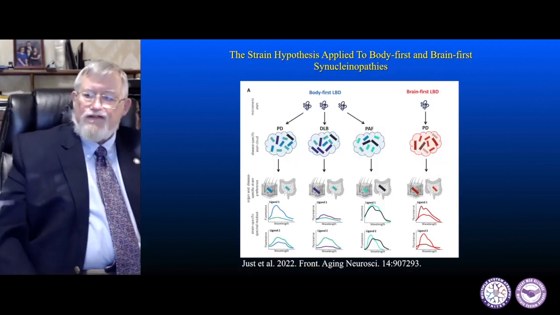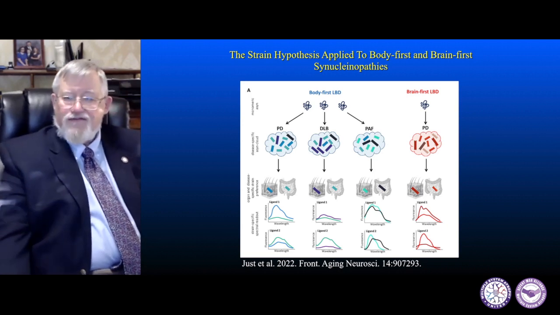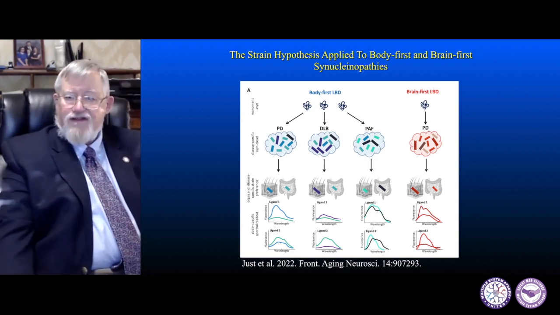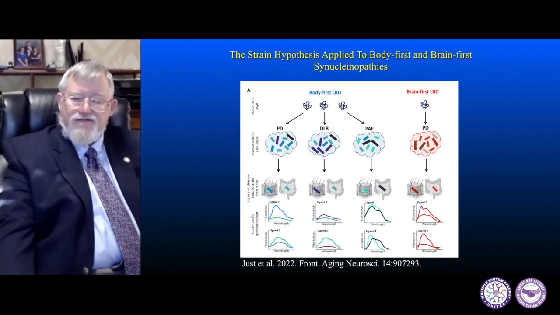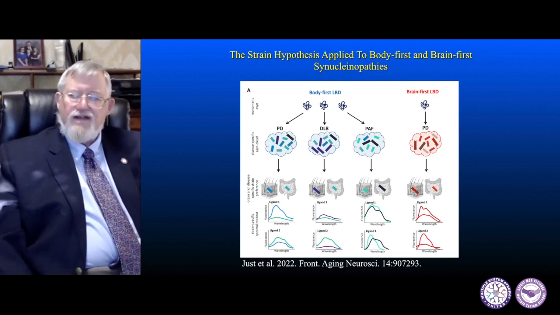And so these authors have suggested that with these different types of body first versus brain first, you get these different strain clouds, and the cloud you get also is related to the disease, which again is going to get from the initial trigger aggregation through different cells focused down to a pathologic strain in these strain clouds.